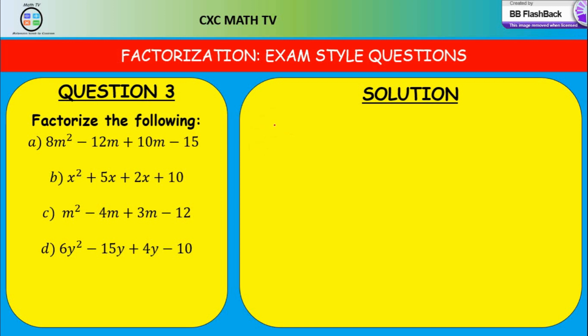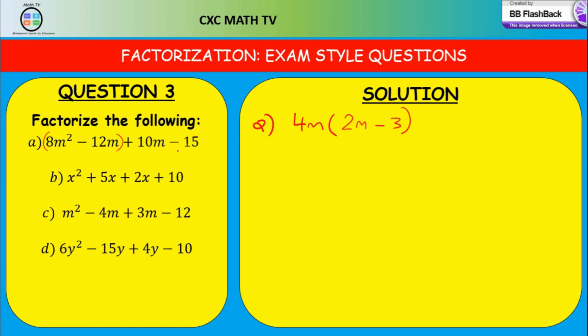Alright, in doing these questions, we realize that this one, 8m squared minus 12m plus 10m minus 15, we need to identify the highest common factor among the first two terms, which seems to be 4m. Then we take out 4m from the first two, and we're left with 2m minus 3.